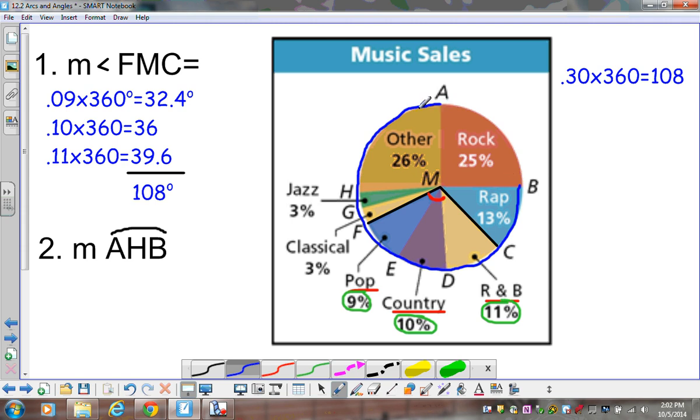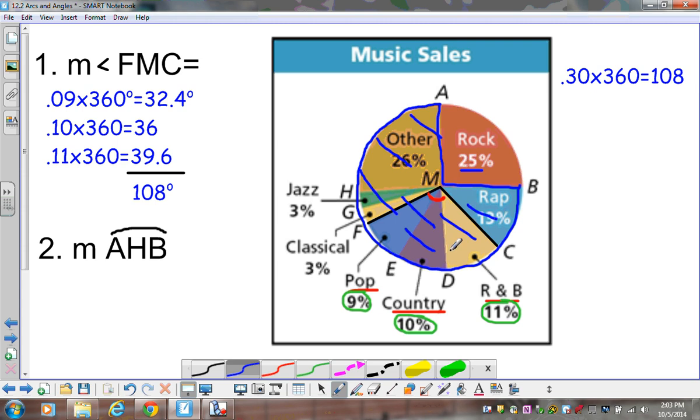So I want to find the measure of that entire arc, which means, once again, I'm going to have to convert percentages to decimals and then convert those to degrees. Now, there's a quick way and there's a longer way. The quick way, which I'm sure most of you want, is if you notice, this much of the circle is what we're talking about here, all of this in here.